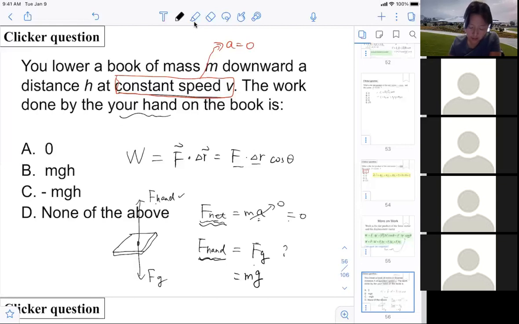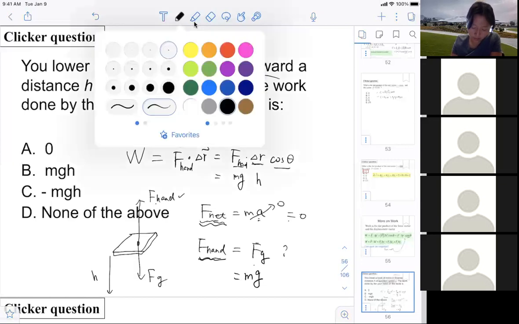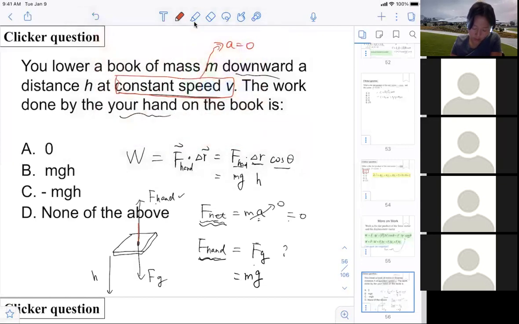All right. And you have lowered your book downward for a displacement of h. So let me plug in numbers. I know this force by hand is mg. The magnitude of your displacement is h. And what is the angle between them? So one is pointing up, one is going down.